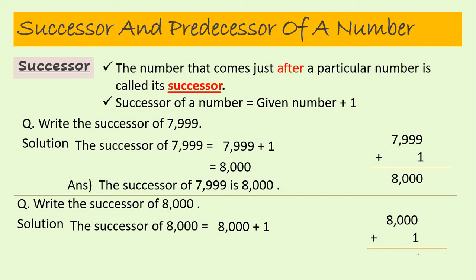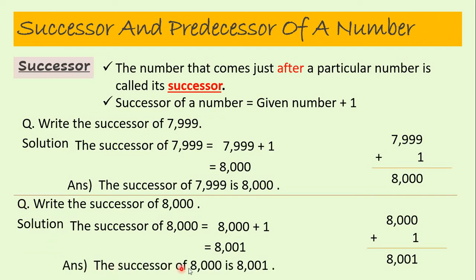Now 0 plus 1 equals to 1. Okay. Now nothing to carry over. So write down the rest of the digits. So this is 8001. Now I will write equals to 8001. Okay. Now answer: the successor of 8000 is 8001.